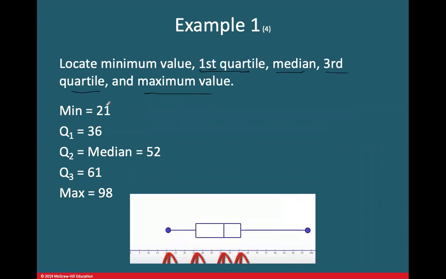So what was our minimum value? It was 21. So where is 21? You go up, up, up here. You put one closed circle, and it shows that this is your minimum, which is 21.